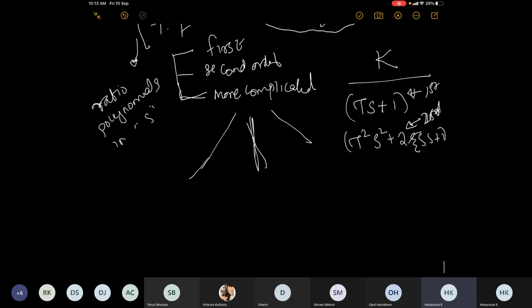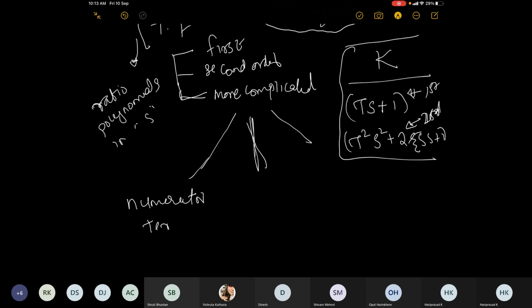When we say more complicated, it has to be more complicated than either of these two. So there were three options. One is numerator terms. The second option is irrational terms. And the third is higher order.